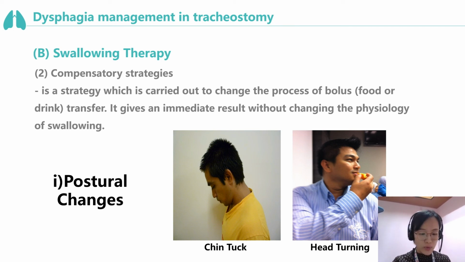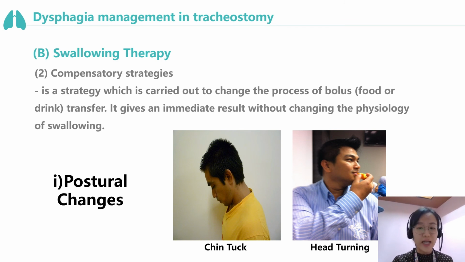Why we are doing chin tuck is normally for patients with delayed swallow, we will ask them to put their chin down, then only swallow. Because chin tuck can widen the valleculae, narrow the airway, and increase the probability that the bolus remains in the valleculae before the patient starts to swallow.